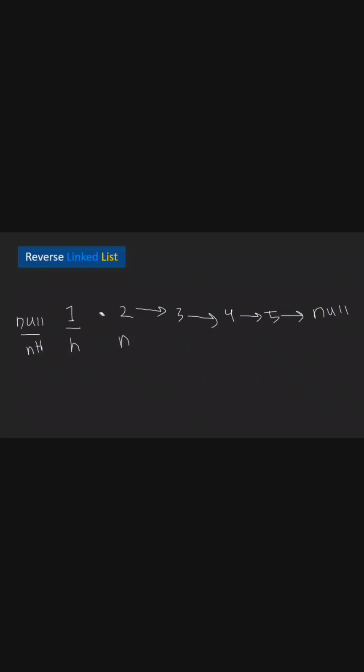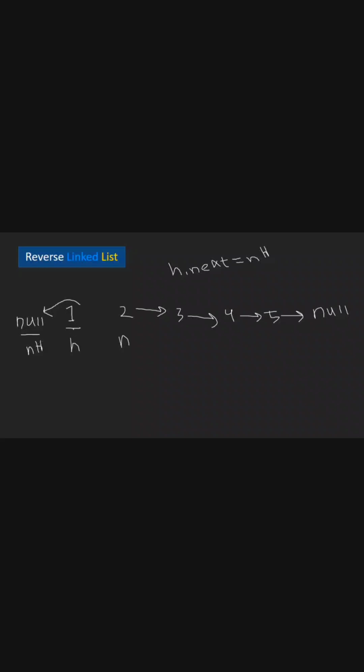Now what I'm gonna do, I'm gonna just remove this link and I'm gonna connect it to this node. We'll apply this formula: head.next equals to the new head, NH. Now we see the head of our reversed linked list is this.